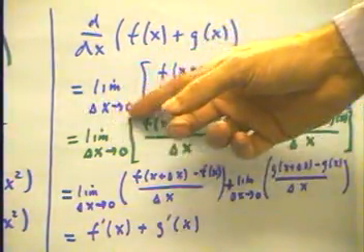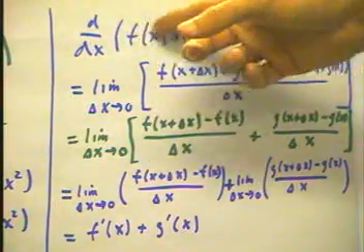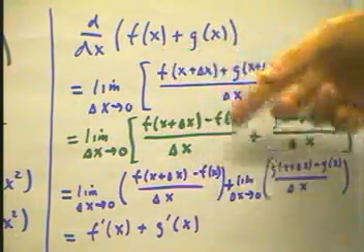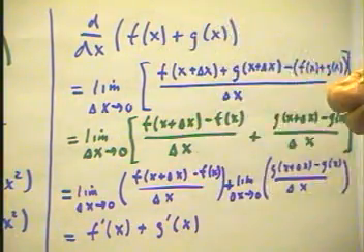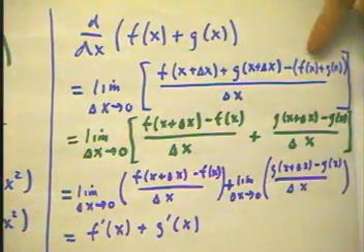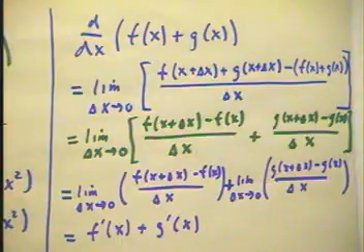the limit as delta x goes to 0 of the difference quotient that we get for this function is just expressed here. You have your function f of x plus g of x, you evaluate that at x plus delta x, and then you subtract what you get when you evaluate it at x, and divide by your delta x. Now, we can easily rearrange this.